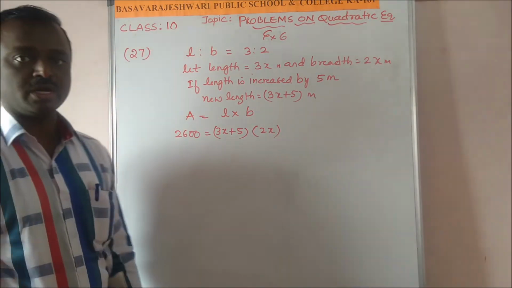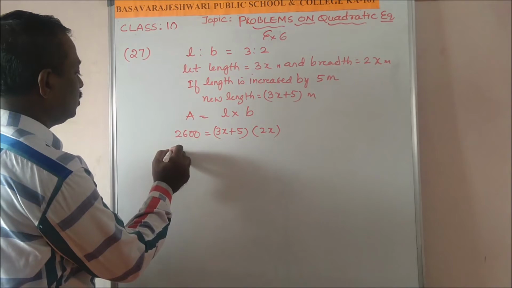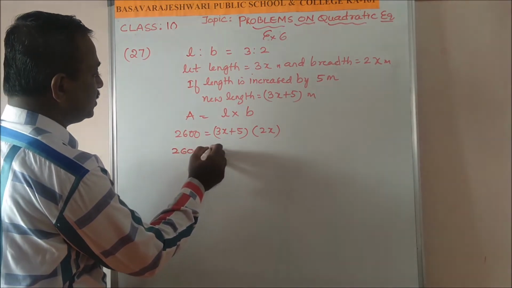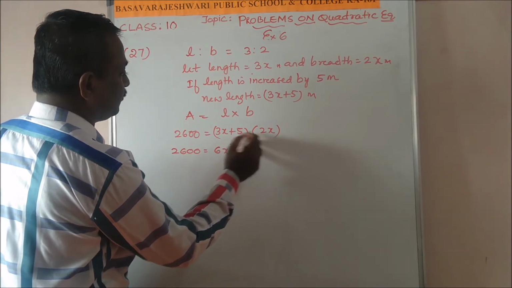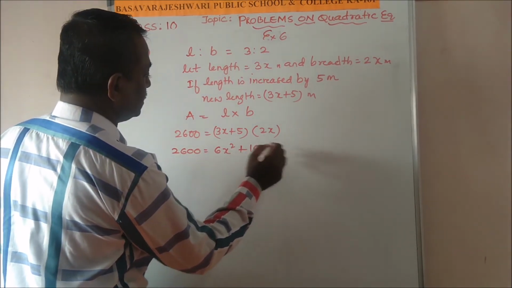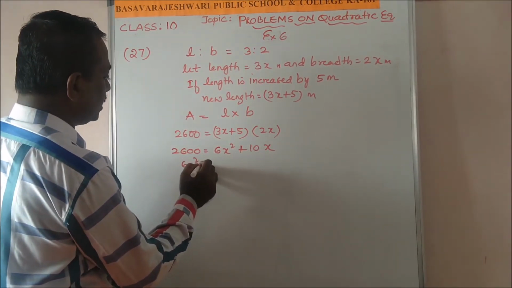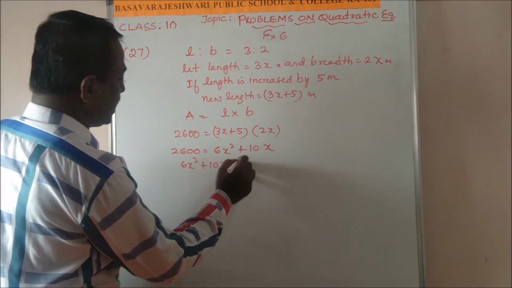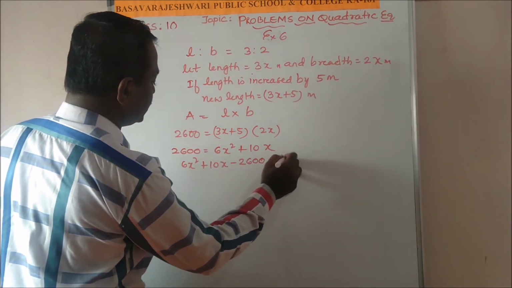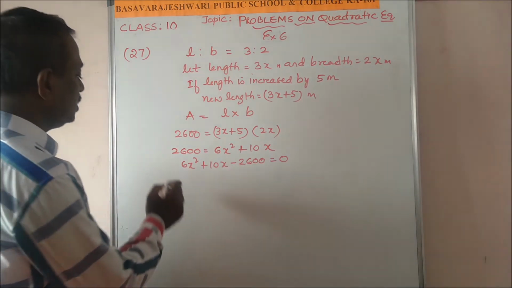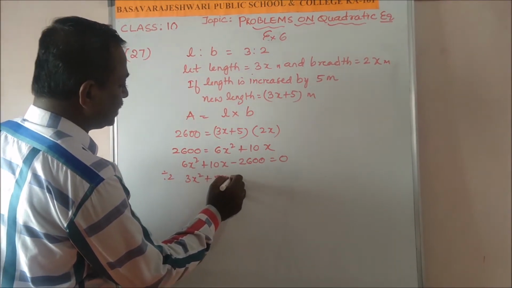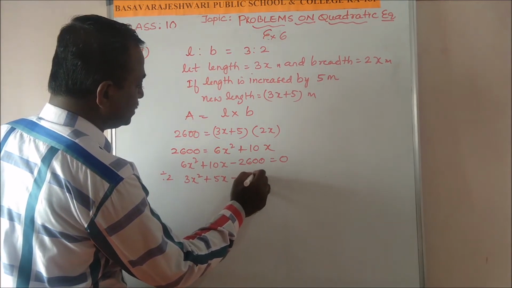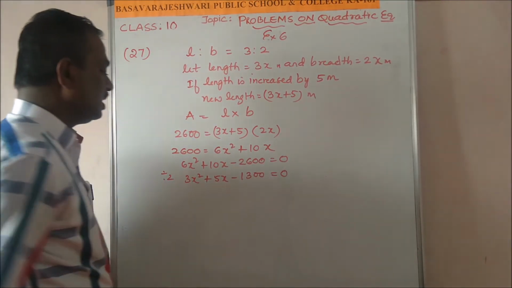Now we have to frame the quadratic equation. 2600 is equal to 3x into 2x, 6x square, plus 5 into 2x, 10x. Frame in the proper order: 6x square plus 10x minus 2600 is equal to 0. So divide by 2: 3x square plus 5x minus 1300 is equal to 0.